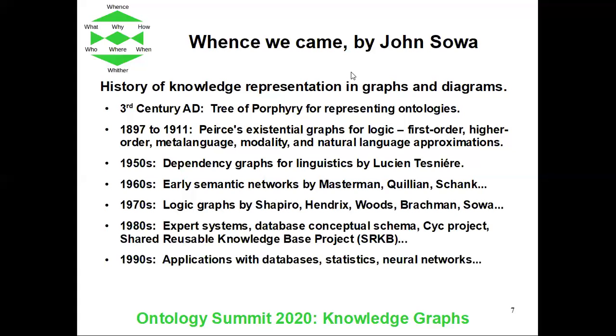Then in the 1980s, we had lots of expert systems and database conceptual schema work, the Cyc project, and the standards being proposed for the Shared Reusable Knowledge Base project, SRKB. All of this is built on everything that went before. Now, in the 1990s, that's when more statistics started to come into AI, and neural networks were one of the earliest representations, but they started to get more widely used in the late 80s and 90s, but they still were competing with everything else.